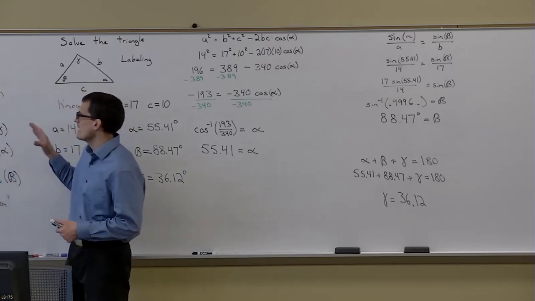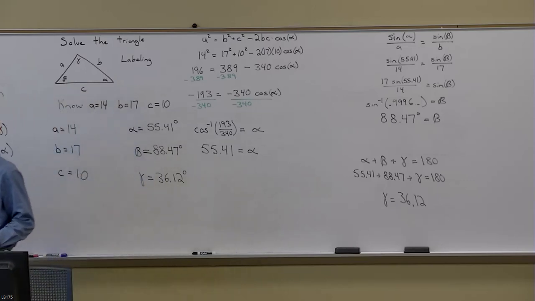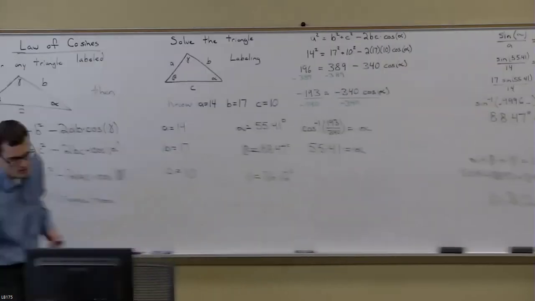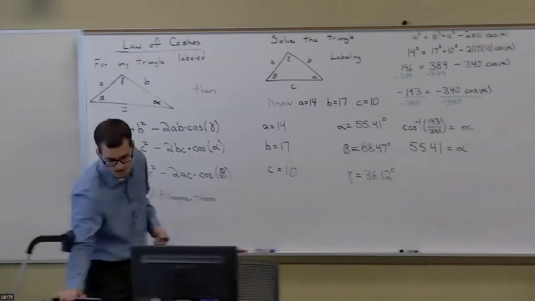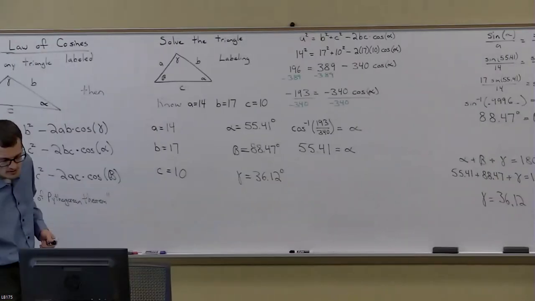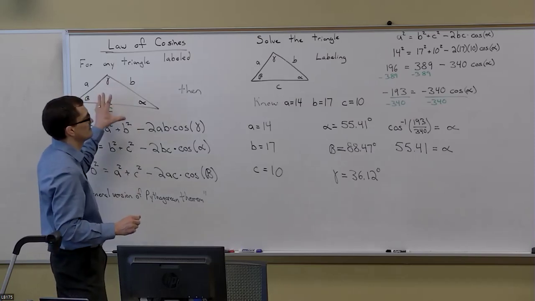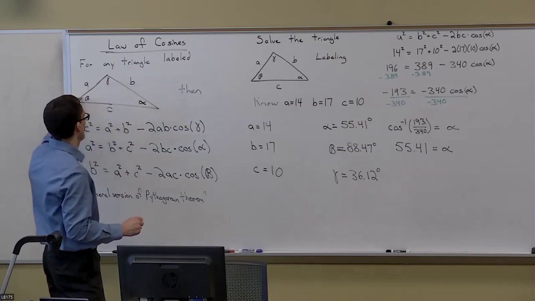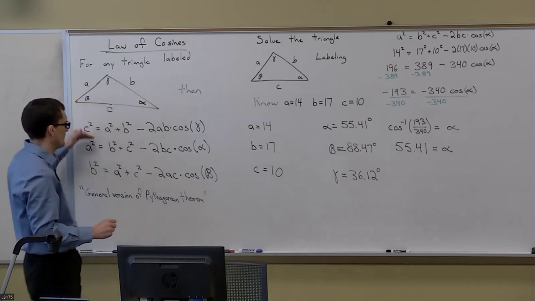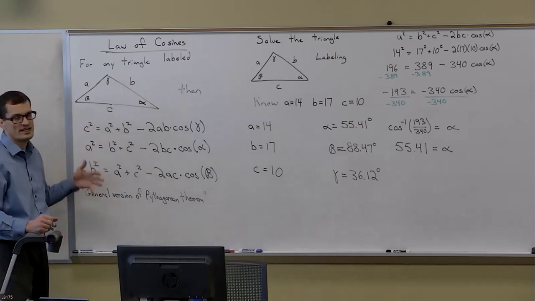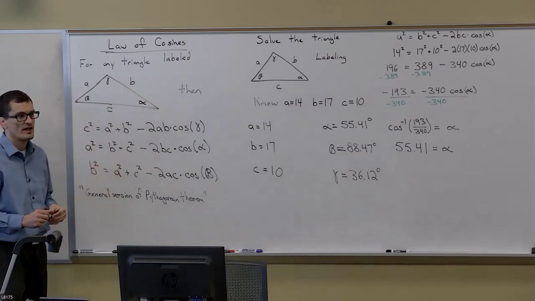These are the cases where we use law of sines and law of cosines. If we have three sides or two sides and the angle between, then we can use law of cosines to get another thing.